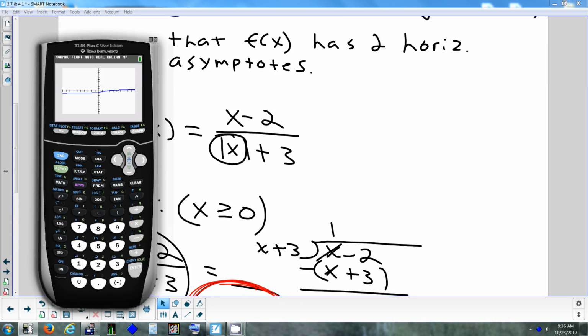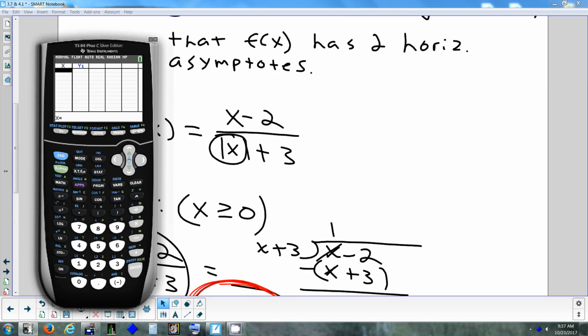And maybe I even want to set the x max and min bigger just to see more of what's happening. Let's go negative 30 to 30. And I think now it's pretty clear that as you head further and further to the right, your y value is approaching 1. As you head further and further to the left, it's approaching negative 1.